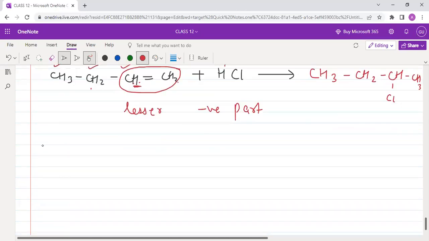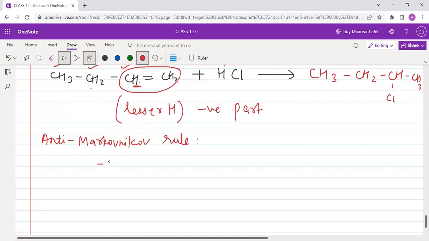So, do you remember anti-Markovnikov rule? It's just the opposite of Markovnikov rule. In Markovnikov rule, the negative part was getting added to the carbon having lesser hydrogen, right? So now it will go to the one which has greater. The negative part will go to that carbon atom which is having more hydrogen atoms.